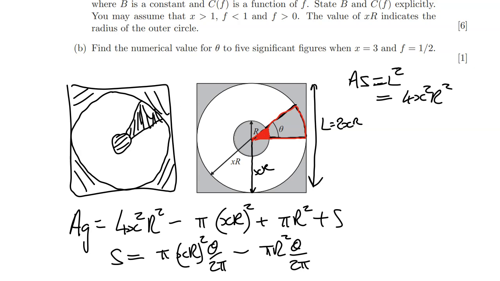So now we just need to put everything together, including using the fact that we're told in the question that the grey area equals f times the square area.